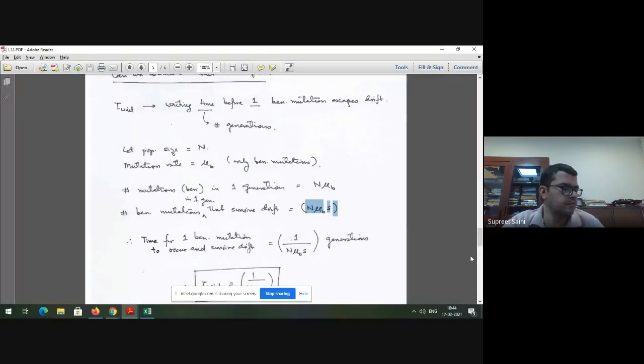Of course, I have assumed here that all beneficial mutations have the same s, and we'll come back to that on Friday. But let's assume that all beneficial mutations have the same s. What that means is that if in one generation this many mutations survive drift, then using a simple unitary method, how much time do I have to wait for one beneficial mutation to occur and survive drift?